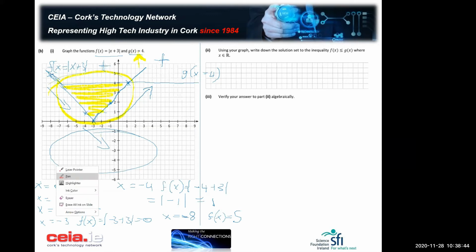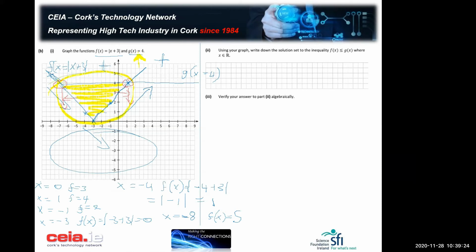But they want us to write down the solution set. So what's our solution set? Well, the way to find it out is if we knew what this point was, and we knew what this point was, because we know that it's everywhere from here down. It's within these 2 points, f of x is less than g of x.